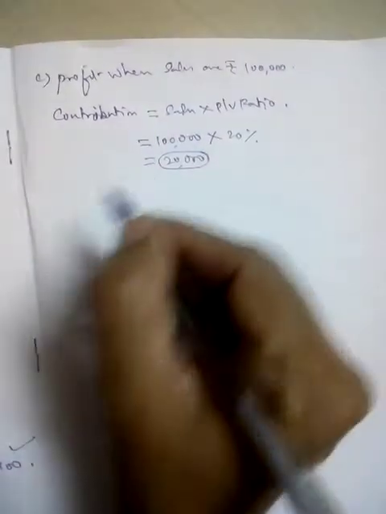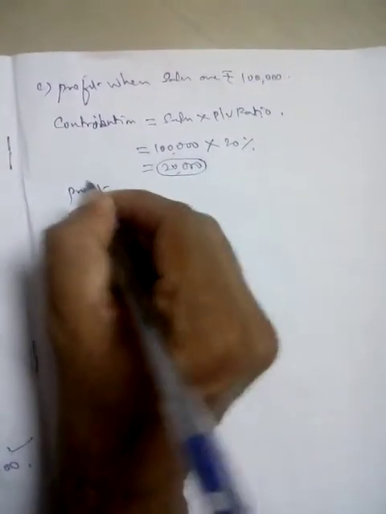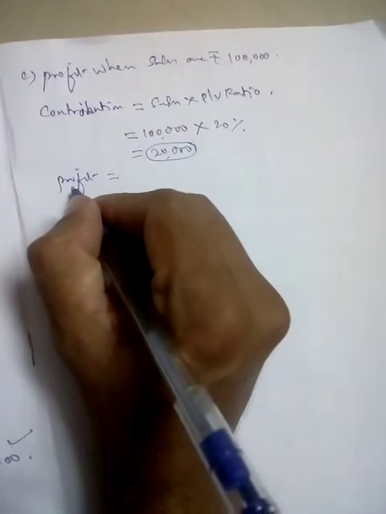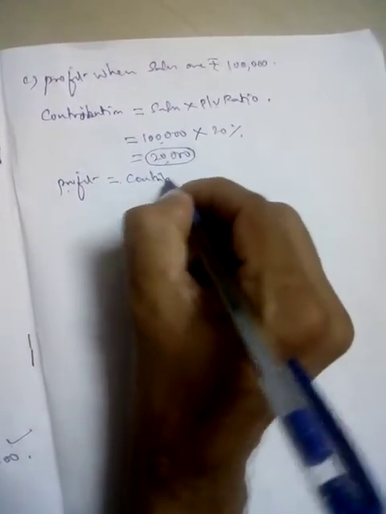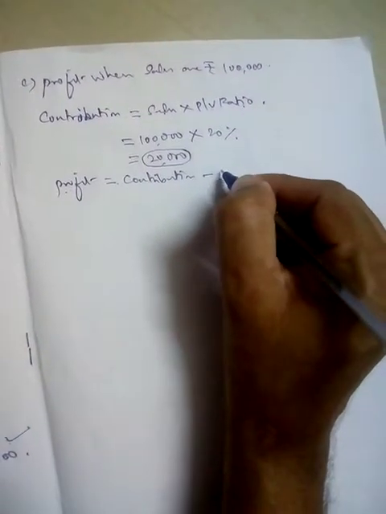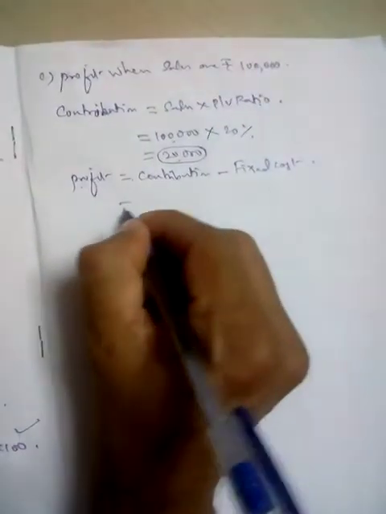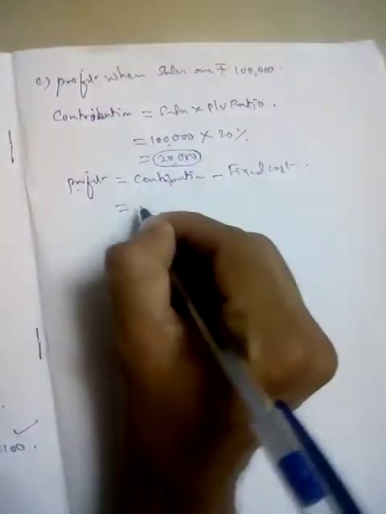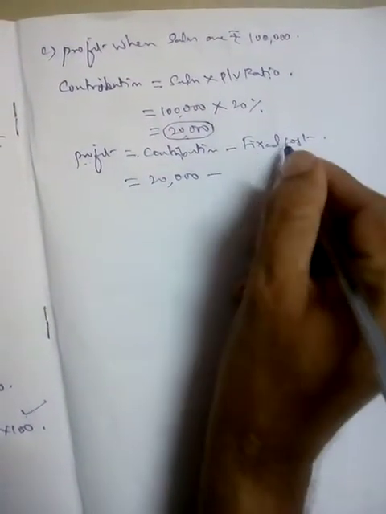So with that contribution, we have to find out the profit. So profit equals contribution minus fixed cost. Contribution, here we found it, 20,000 minus fixed cost.